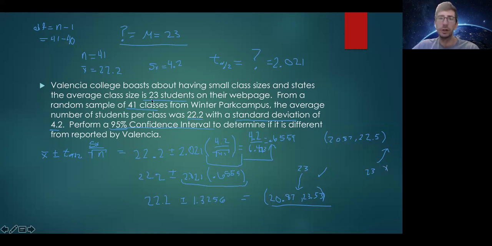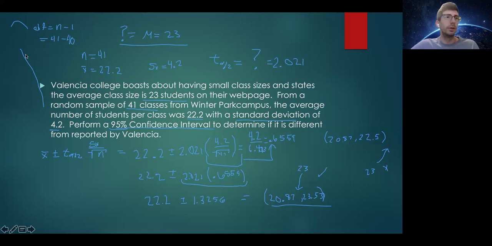So this would contradict Valencia's statement. It would contradict it somewhat in a good way, because Valencia is boasting that they have small class sizes, and the interval we've created is actually saying your class sizes might even be smaller on average than 23 students.